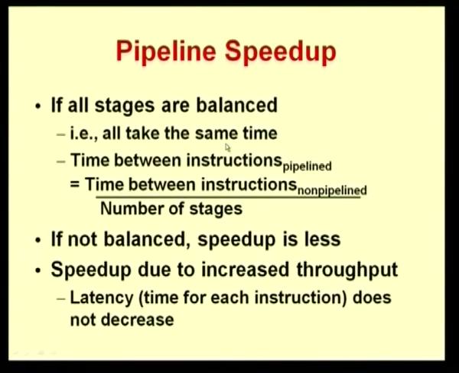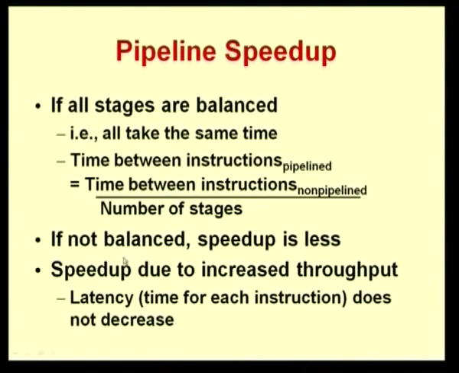For instance, if all of them take 200 picoseconds as we looked at in the previous example, then the time between instructions pipelined will be equal to the time between instructions in a non-pipelined stage divided by the number of stages. This is if the stages are balanced. Going back to the previous example, in the non-pipeline stage, if we say it takes 1000 picoseconds and we have 5 stages, the time taken between instructions in the pipeline stage will be 200 picoseconds.